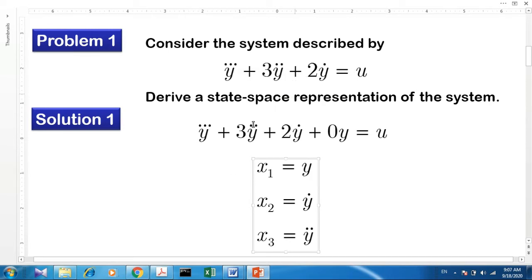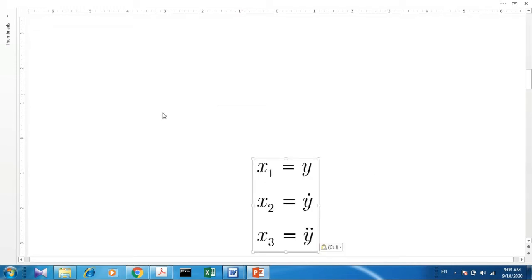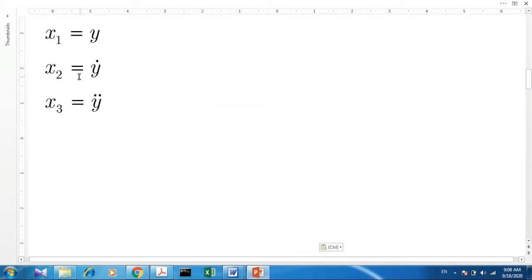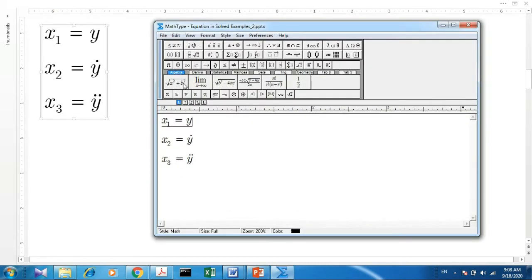The second step in the solution is to define the first derivative of the state variables. Differentiate x1, x2, x3 to obtain the first derivatives. x1 dot equals y dot, x2 dot equals y double dot, x3 dot equals y triple dot.